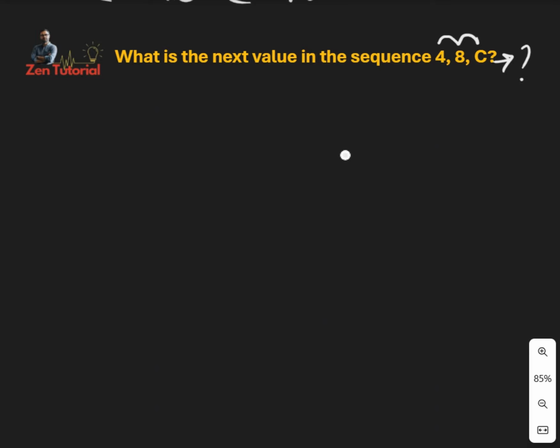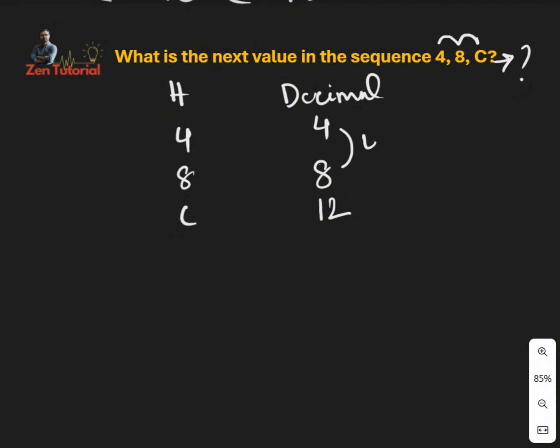So the value of 4, 8 and C in decimal will be 4, 8, and 12, right? So the interval is 4, right? So the next number, adding 4, will be 16.